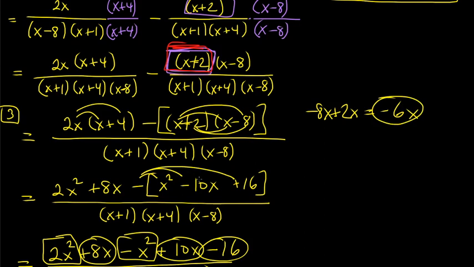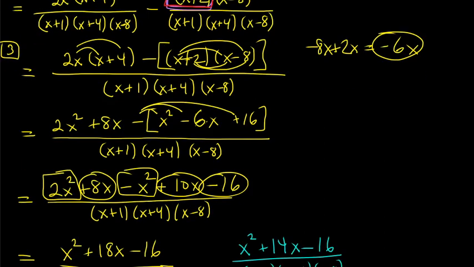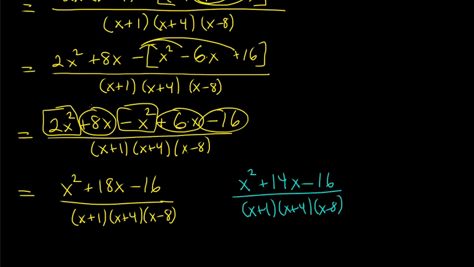So let's fix that. Erase the minus 10x and make it a negative 6x. And when you subtract a negative 6x, you get a positive 6x. So this positive 10x should be a positive 6x. And now 8x plus 6x is 14x.